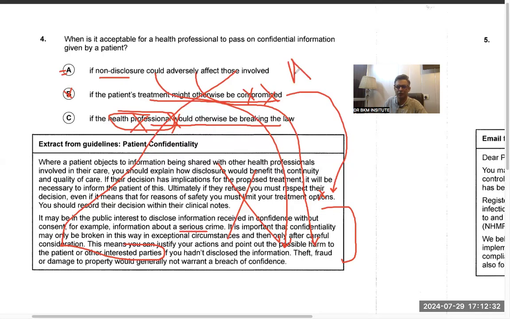Then I reached a very tough question, but elimination can make it a cherry cake walk. Healthcare professional breaking the law, nothing like this has been given, so doubted. Then you reconsider option A. Good word, possible. And according to our OIT, a good word is a very positive word, which can be your answer.